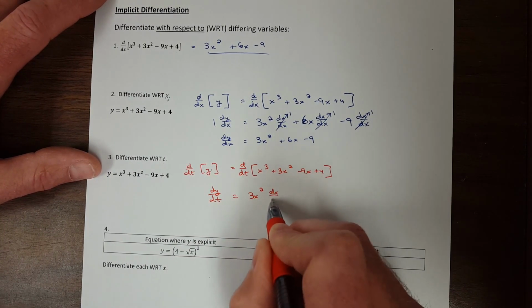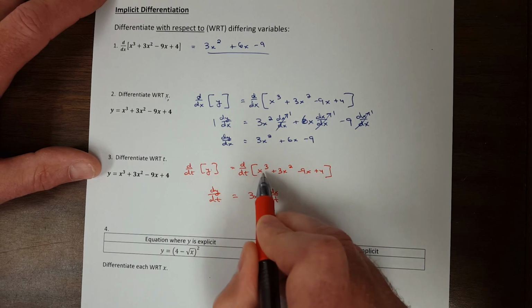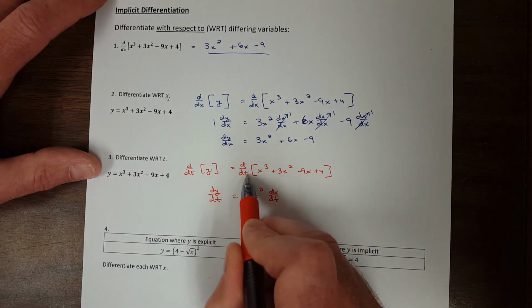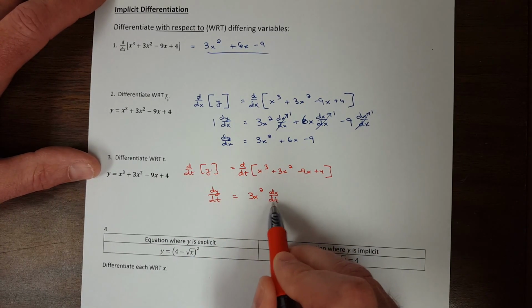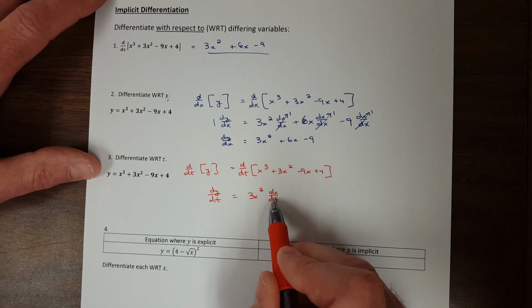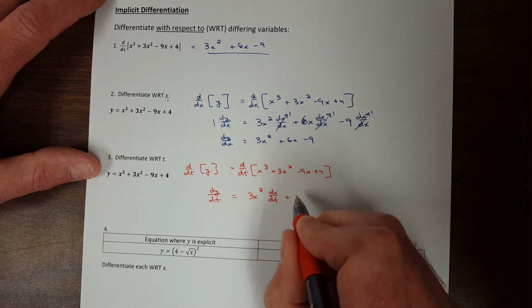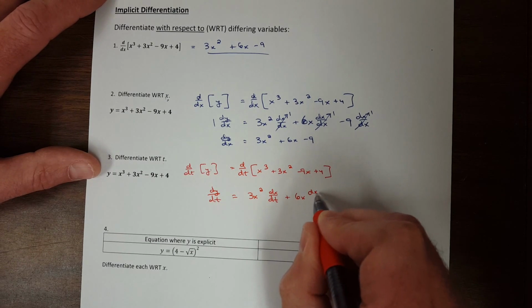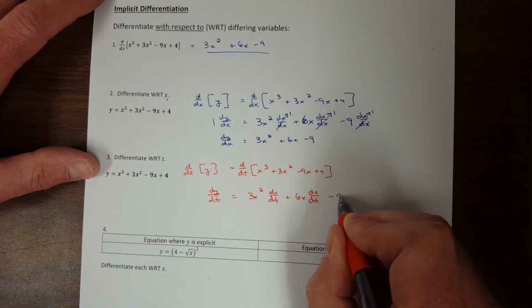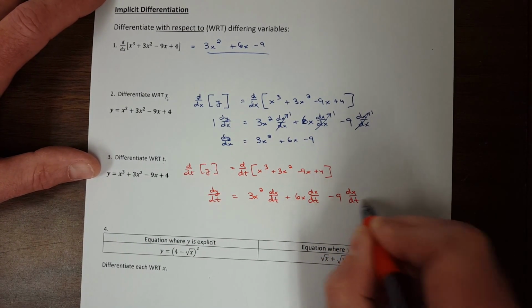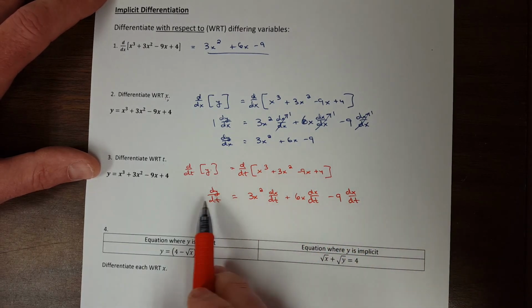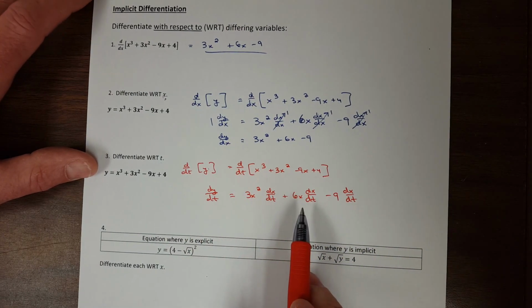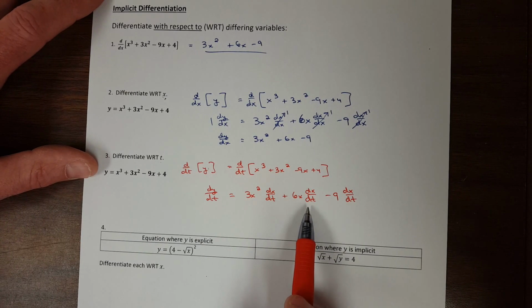This time we get dx dt, right? Because we just compared little differences in x, and we're comparing them to little differences in t. So this, notice, doesn't cancel to 1. Next one is 6x dx dt minus 9 dx dt, and then we have the plus 0 there. So we're done differentiating that with respect to t, and that's how we're going to leave our answer there. Again, you'll have a use for this pretty soon in your class.